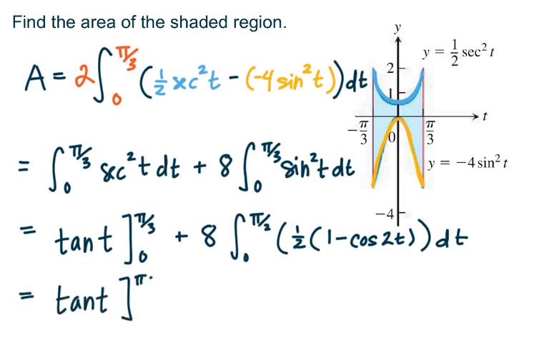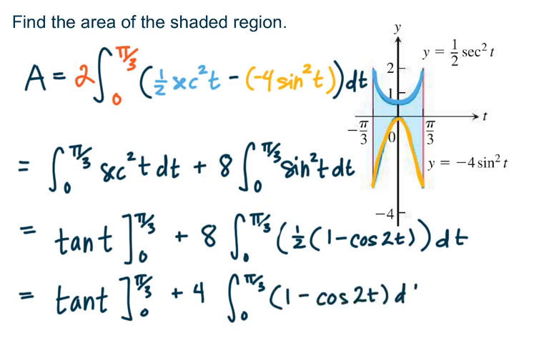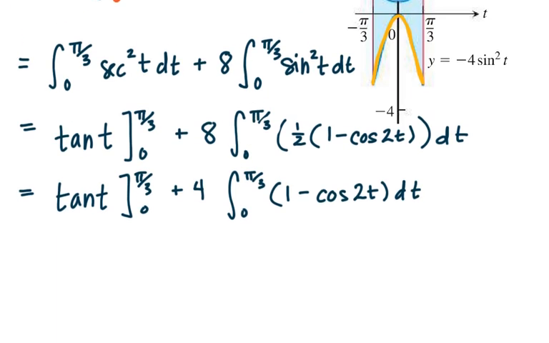So I'm just going to rewrite it. Pull the 1/2 out, I have plus 4 times the integral from 0 to pi over 3. I'm noticing I have a little 2 right there, let me change that, of 1 minus the cosine of 2t dt.